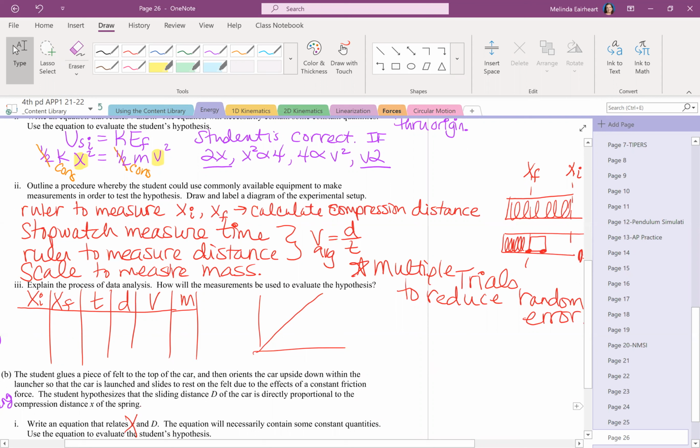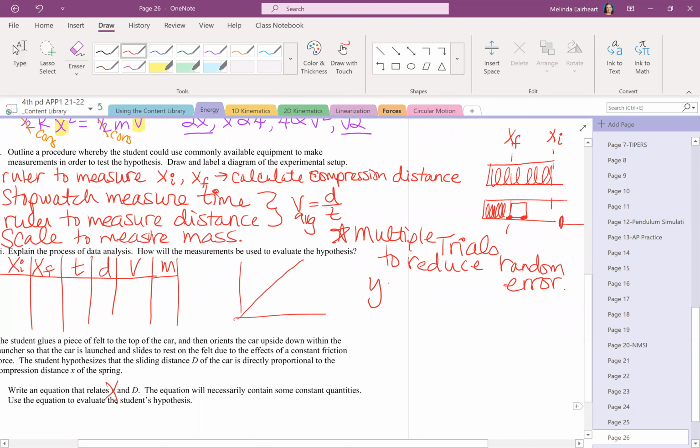So what do you think we should plot on the graph? Y'all remember linearization? So that y equals mx plus b. Can we somehow get this in y equals mx plus b format? And you can go with independent, dependent variables. So what do you want to put on the y-axis?